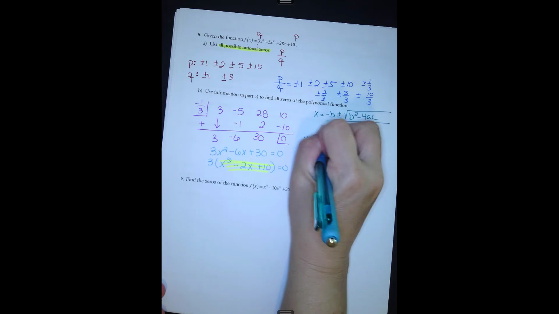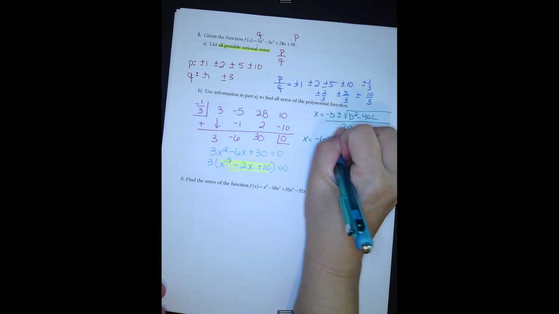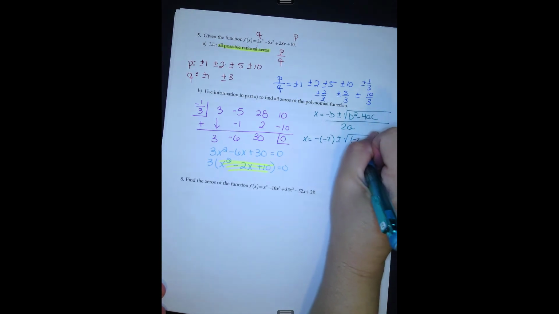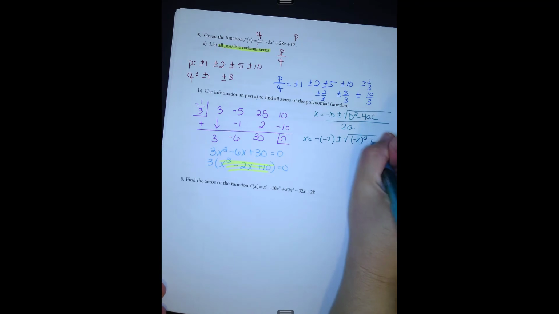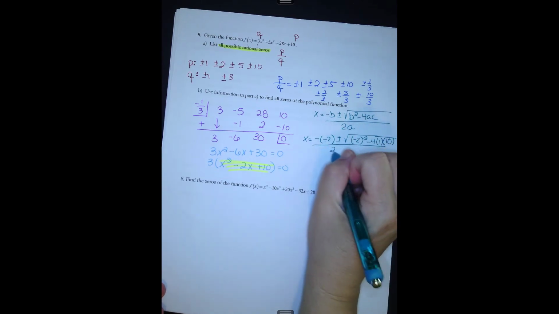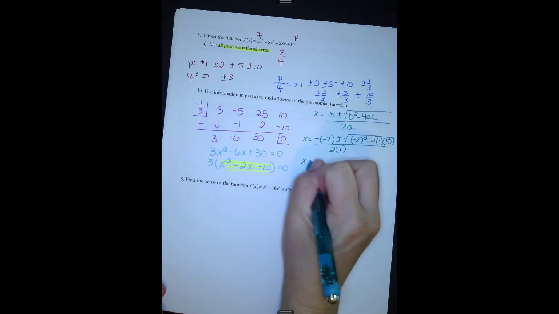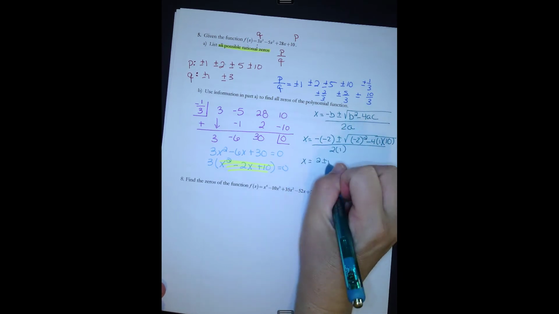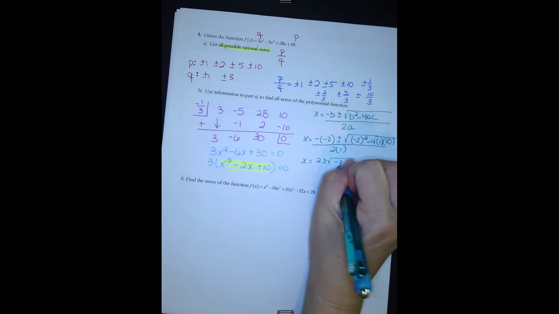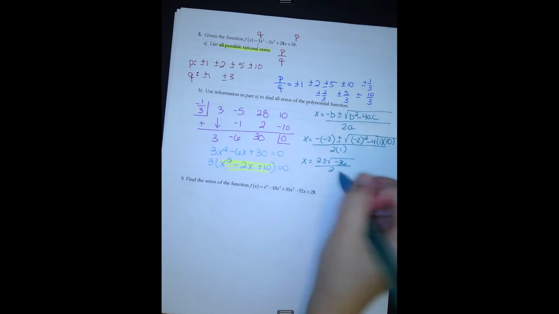So x equals the opposite of negative 2 plus minus the square root of negative 2 squared minus 4 times 1 times 10 all over 2 times 1. So x equals 2 plus or minus the square root of, and then we can plug that in our calculator, but that would be 4 minus 40, so that is negative 36 over 2.